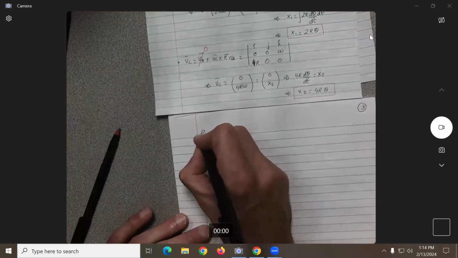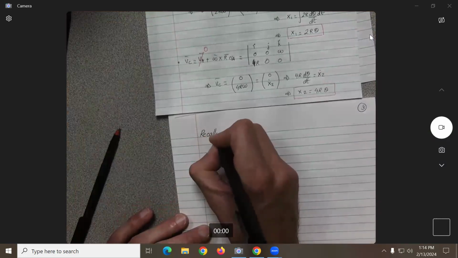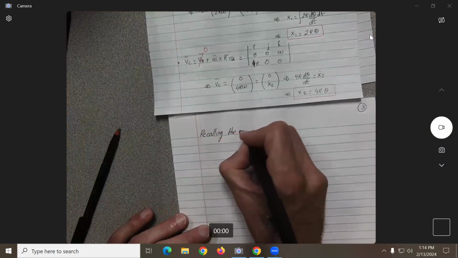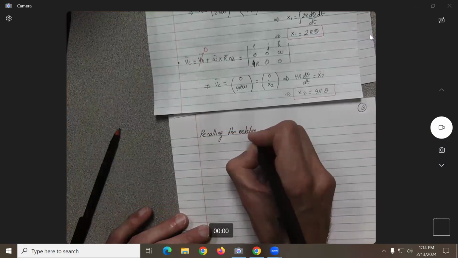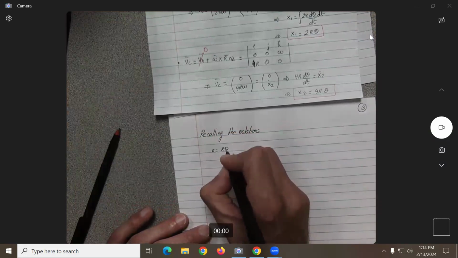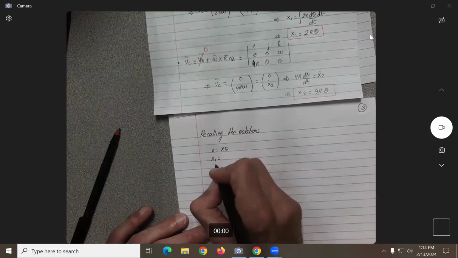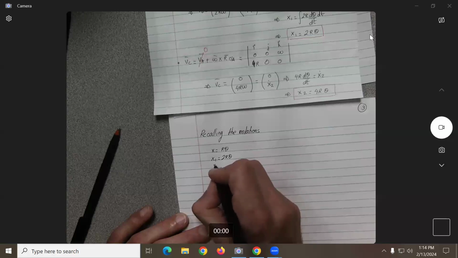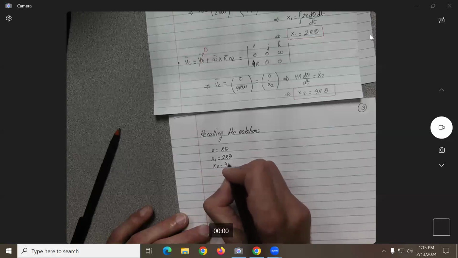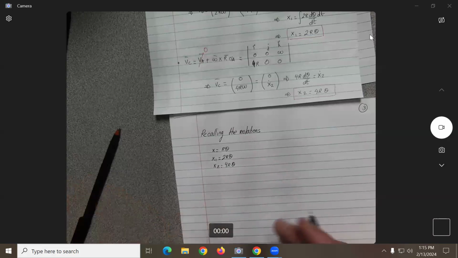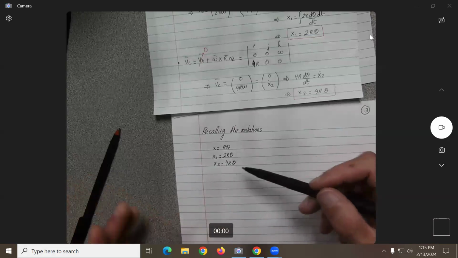Okay, so recalling the relation, we have x equals r theta, x1 equals 2 r theta, x2 equals 4 r theta. Okay, so if we wanted to write everything in function of theta, that's what we would use, no?